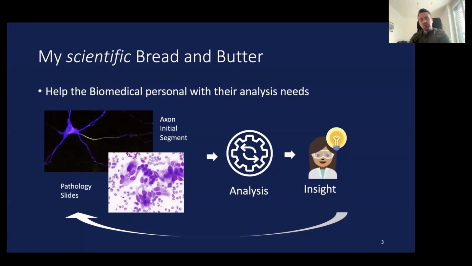But what unites these both is that I work with the personnel to streamline their analysis and get some biological or medical insights from it. And then what I feel is the most important part nowadays is that I focused on this last part of actually looping back what we find biomedically to improve what we acquire in the first place. So that's what I do on a day-to-day basis.